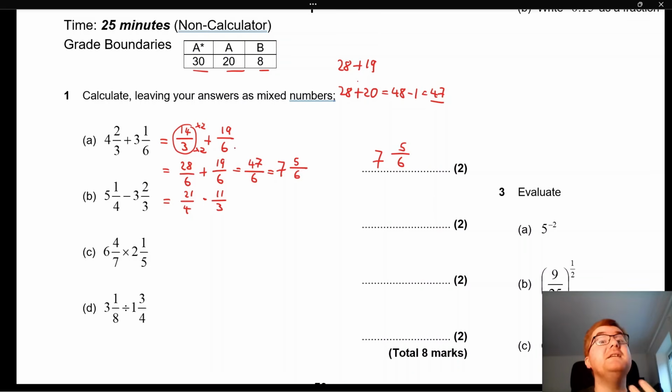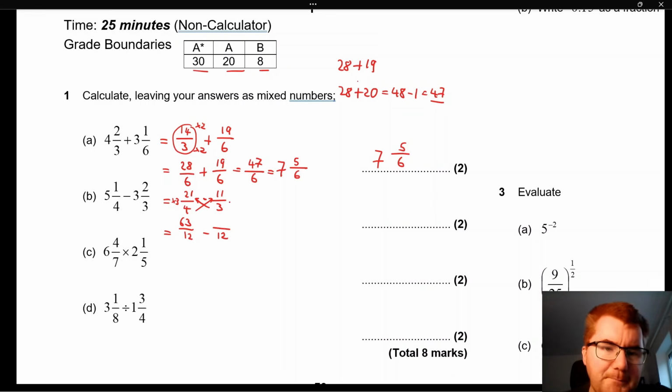This time we can't be so lazy. We need to change both denominators, so we can write both fractions here out of 12. So to do that here, we times top and bottom by 3. So 21 times 3 is 63. Some teachers teach this like a butterfly method, so you do this times this, this times this. This also works. Here we're going to times by 4, so 11 times 4 is equal to 44.